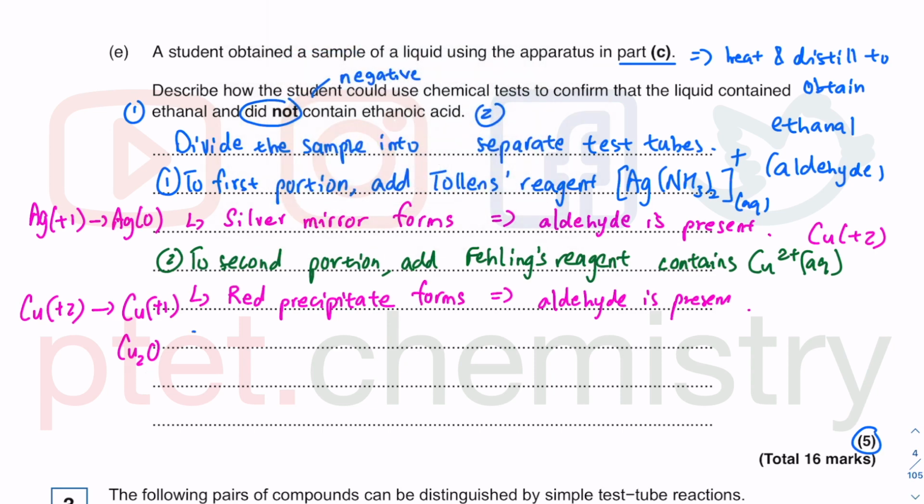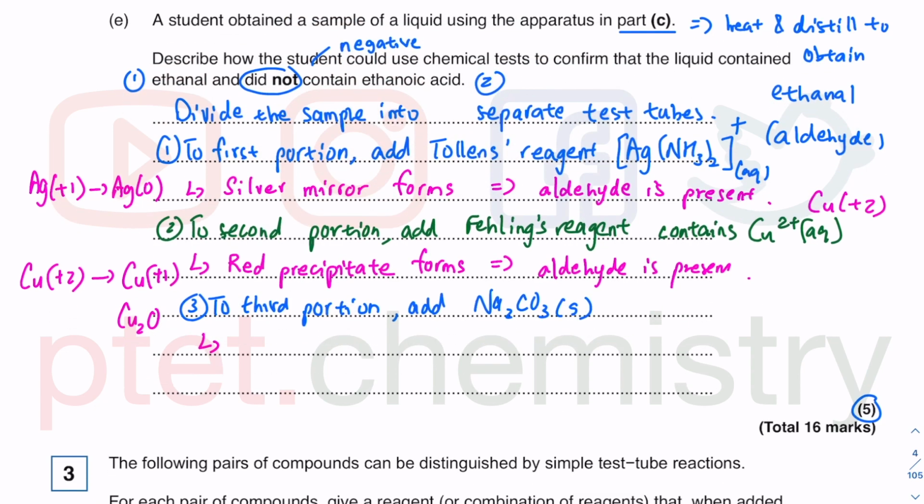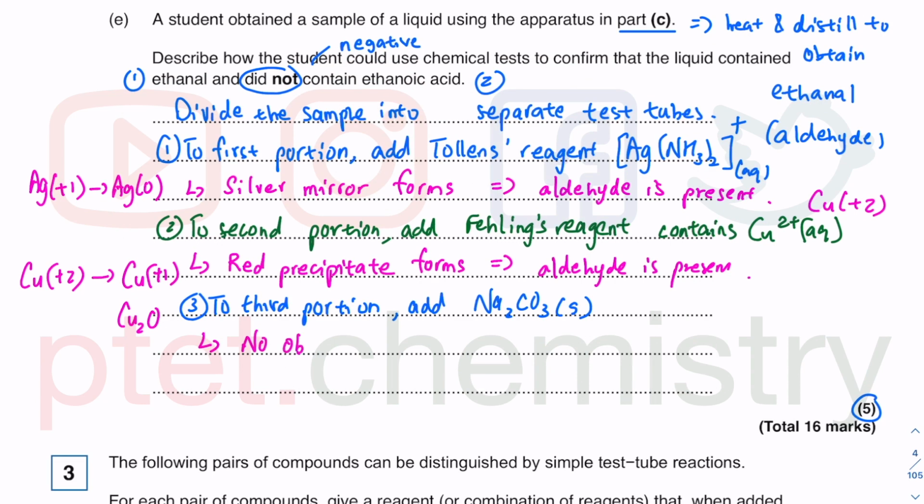Last but not least, what I can do is to the third portion, I can do a test for ethanoic acid. So what I do is I add some sodium carbonate, Na2CO3 solid. All acids will react with carbonate, including weak acids, but I will get no observable change.